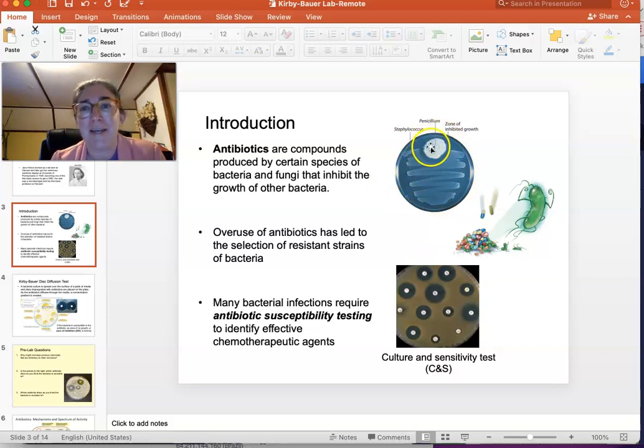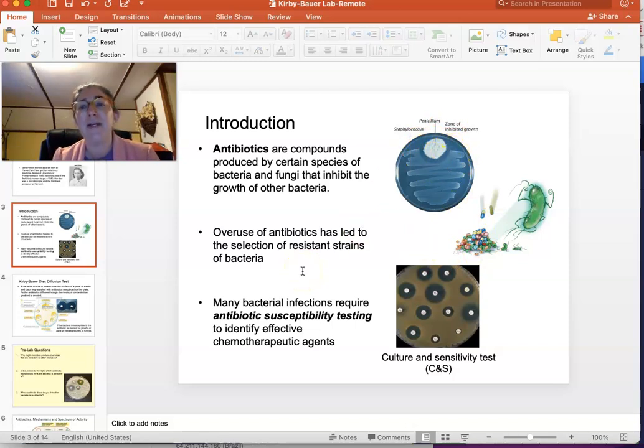Here is a penicillium mold, and here is some bacteria that was swabbed on the plate, and around it you can see this zone where there is no growth, as if the bacteria are kind of like too scared to get too close to that penicillium mold. In fact, the penicillium mold is secreting a chemical that is antimicrobial, that kills bacteria, and so they can't grow. We call that area the zone of inhibition.